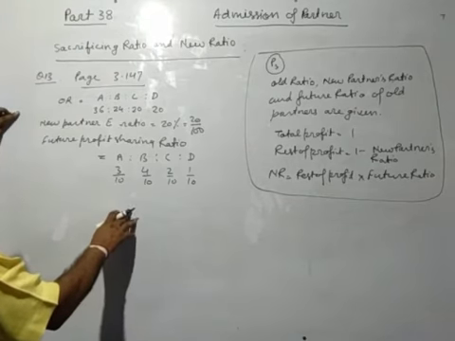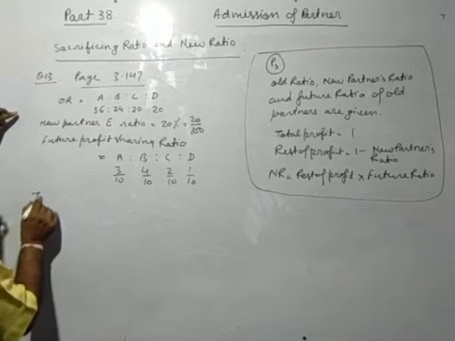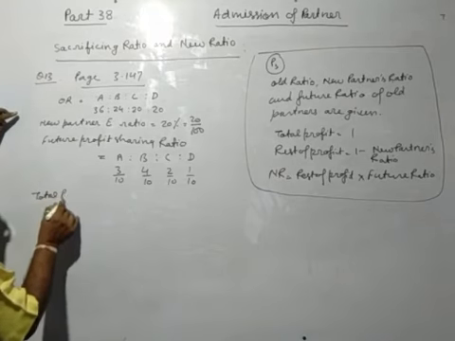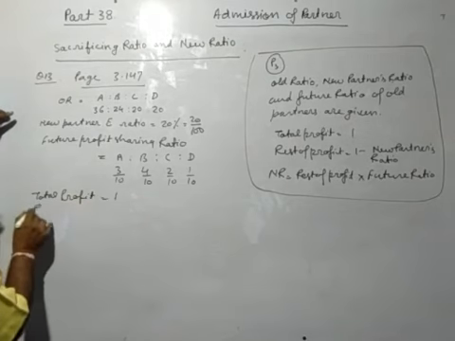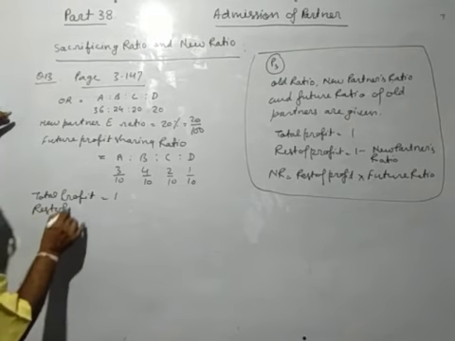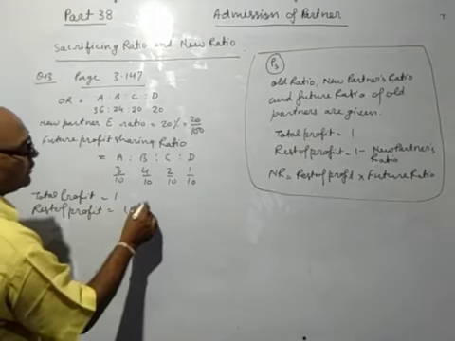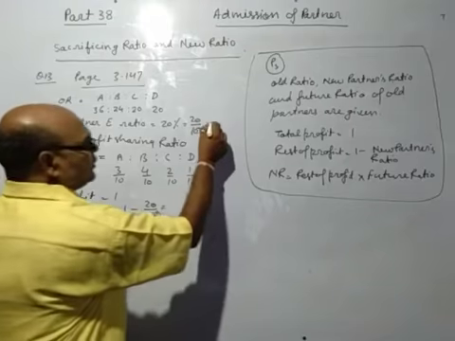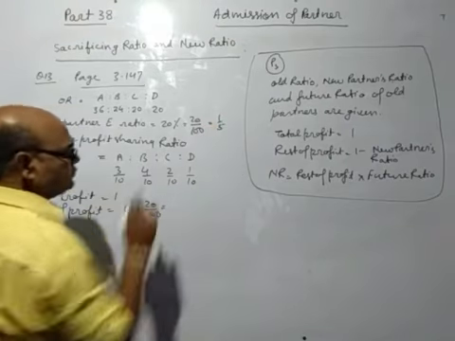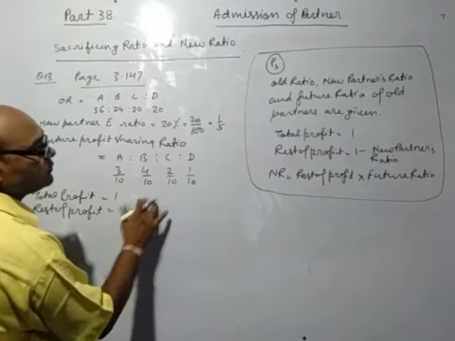Now in this question, first we will consider total profit equal to 1. So rest of profit will be 1 minus 20%. 20% means 1 by 5. If you say 1 by 5, that will be easy to calculate.